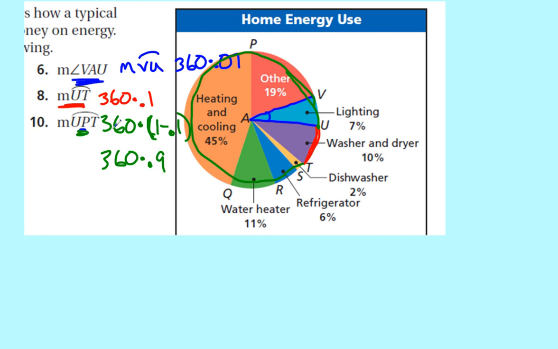These problems go together really well, because if we know this is 36, then we know that this is just 360 minus that, which is 324 degrees. This is all in degrees. That's not too bad.